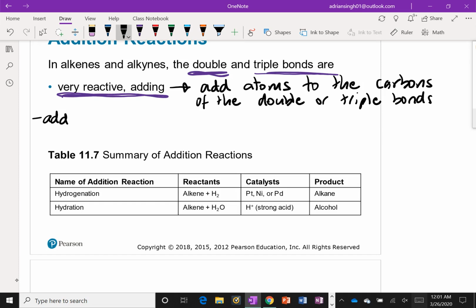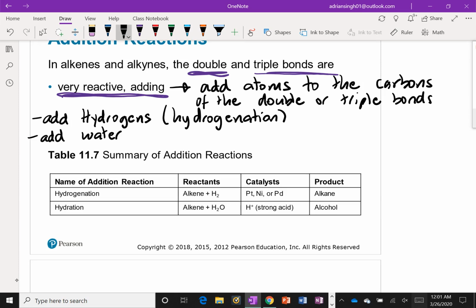We can add hydrogens. And when we add hydrogens, that's called hydrogenation. We can add water, and that's called hydration.